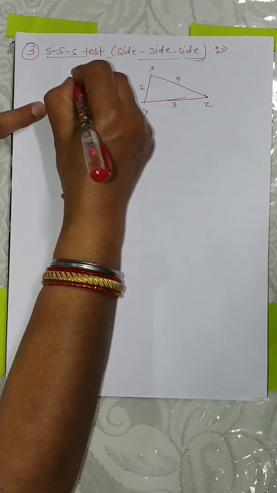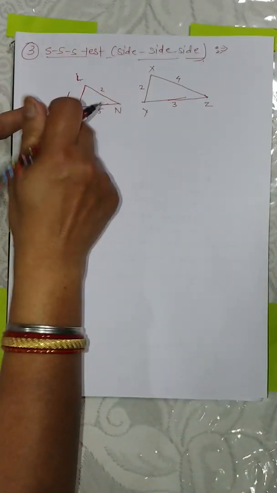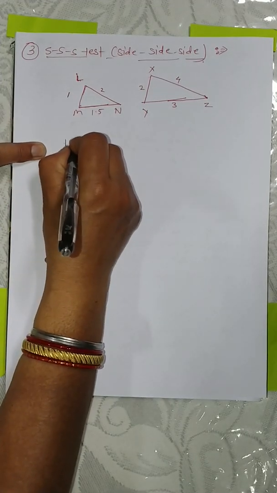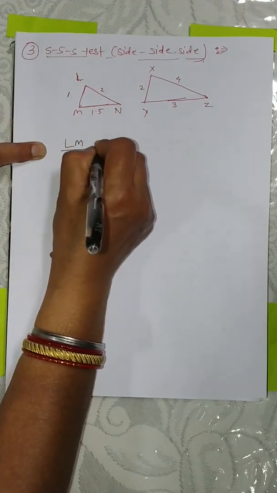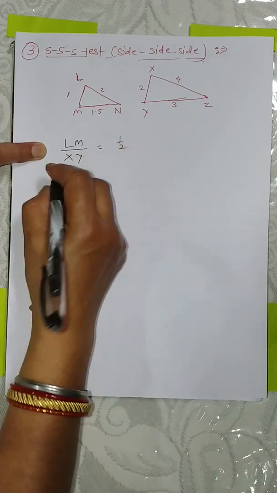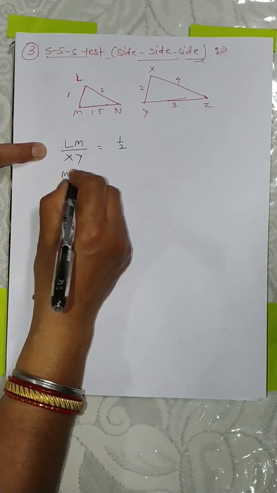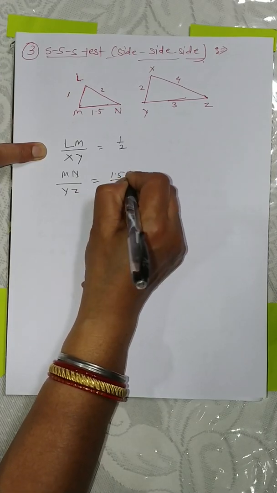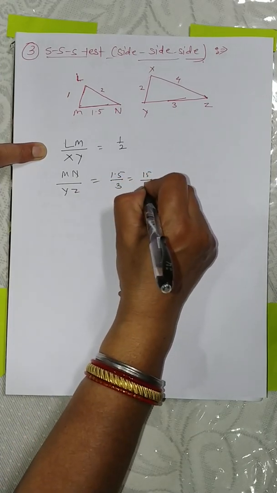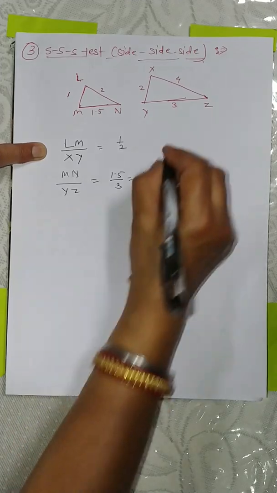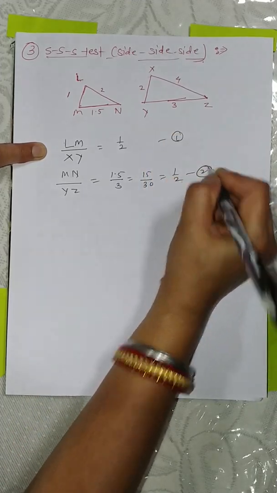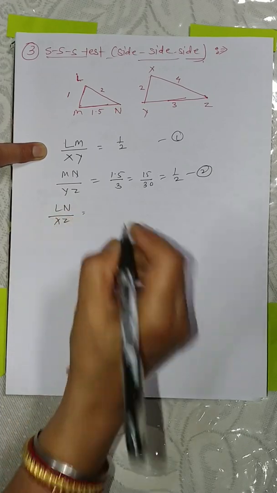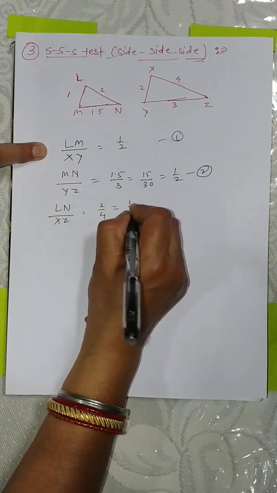Now in these two triangles, if we find the ratio of LM upon XY, we get 1/2. Then MN upon YZ, it is 1.5 upon 3, so it is 15/30, that means 1/2. Now LN upon XZ, it is 2/4, that means 1/2.